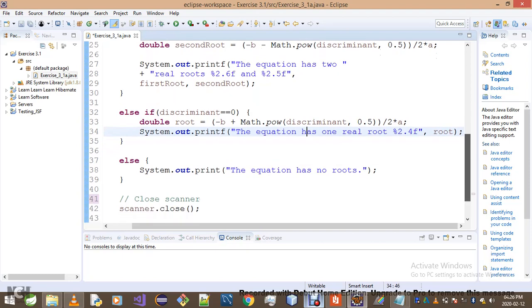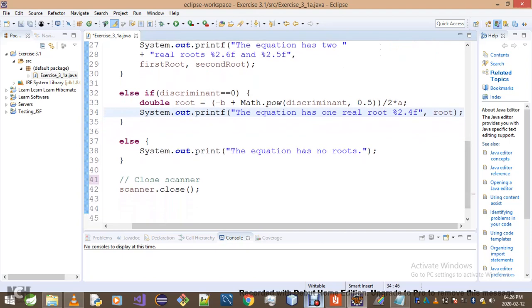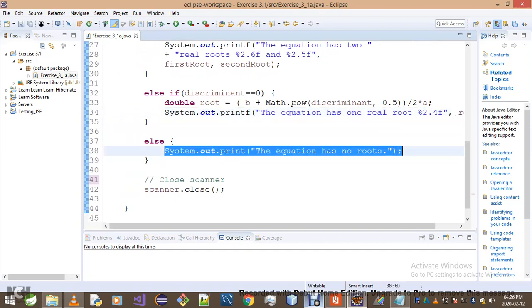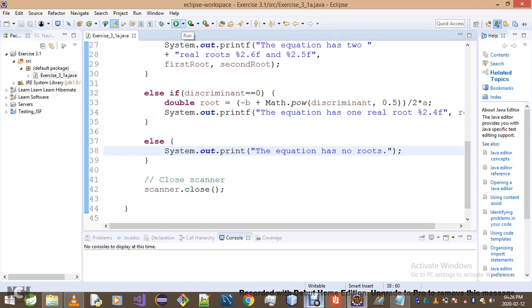We display that real root, and we'll be having 2 numbers after a decimal point. And then lastly, this is our last case where our discriminant is actually negative. So basically we'll be having a square root of a negative number which is undefined if you punch it on your calculator.